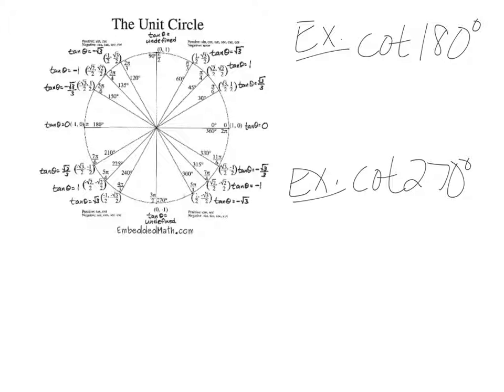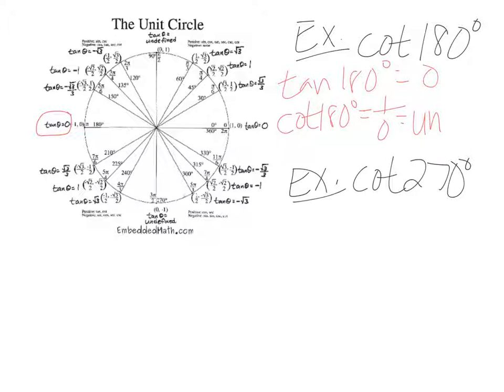The cotangent at 180 degrees. So at 180 degrees, cotangent goes with tangent. The tangent of 180 is 0. So if we flip that over, the cotangent would be 1 over 0. You're not allowed to divide by 0, so the cotangent would be undefined.